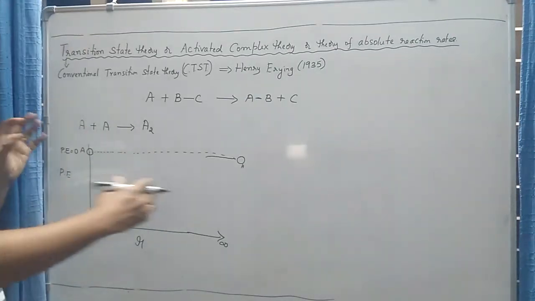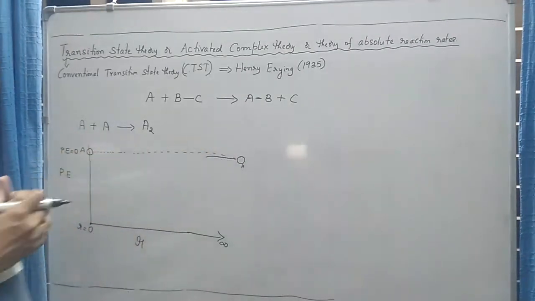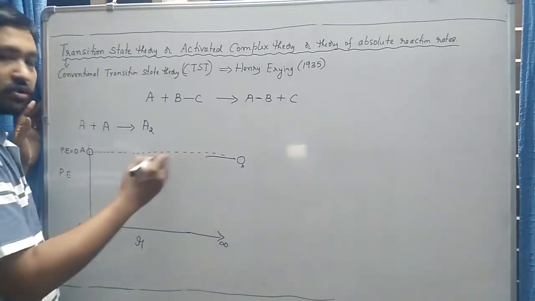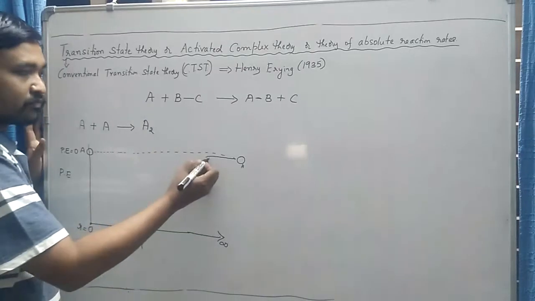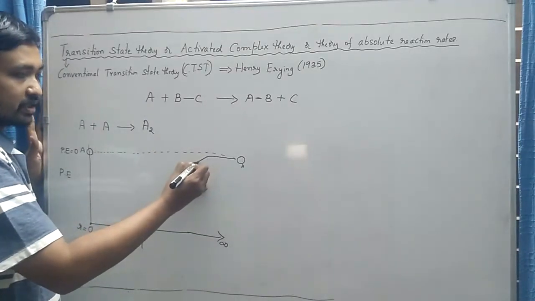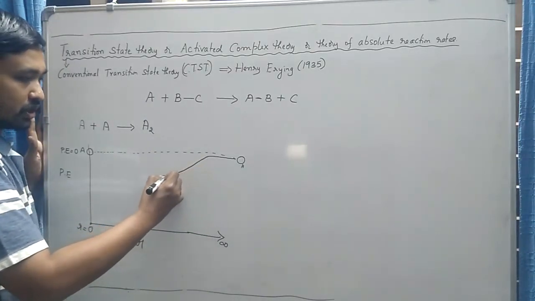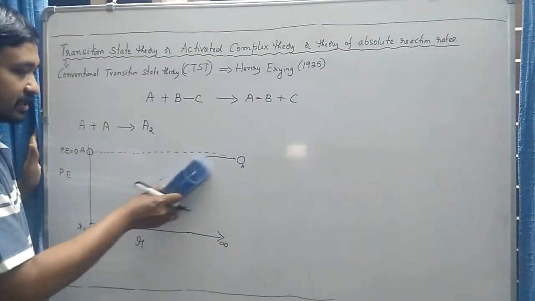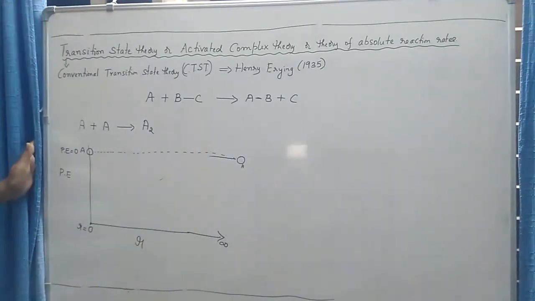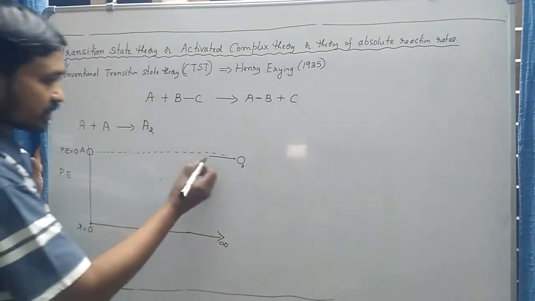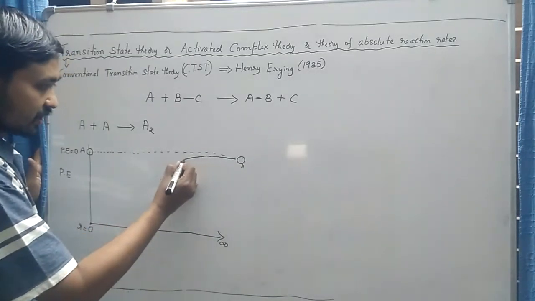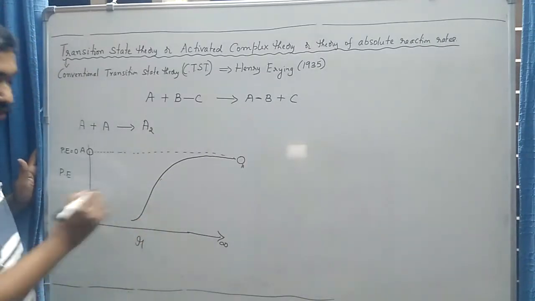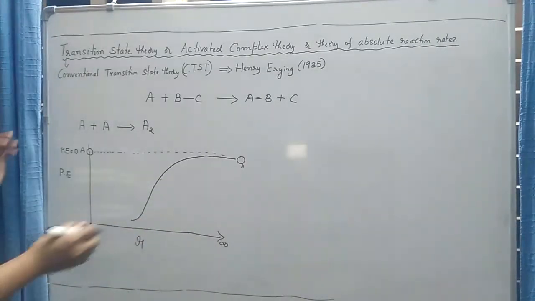So overall, when the two atoms approach each other, the net effect is an increase in the attraction. And I have already told you, when there is an attraction, the potential energy decreases. So when the two atoms come close to each other, the potential energy decreases, and it reaches a minimum value.